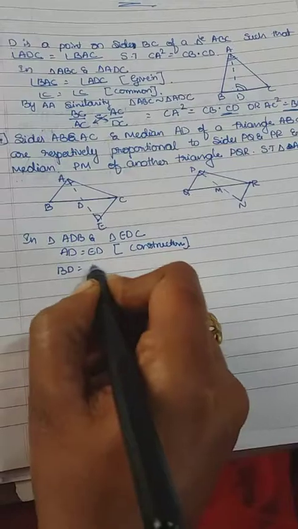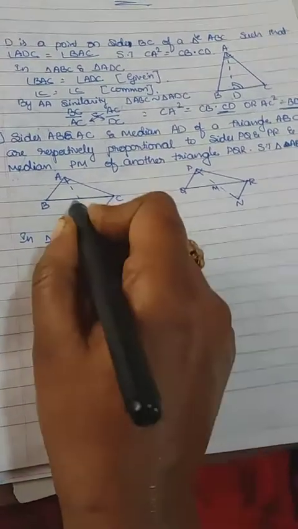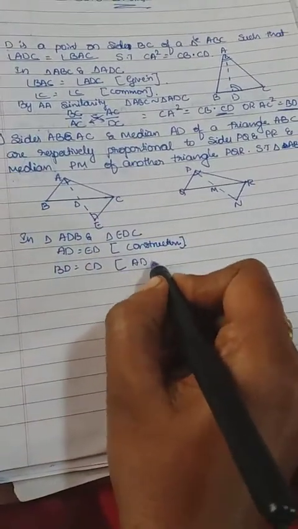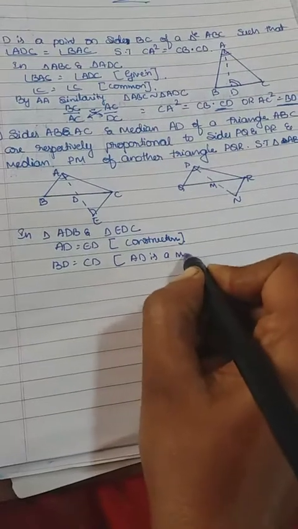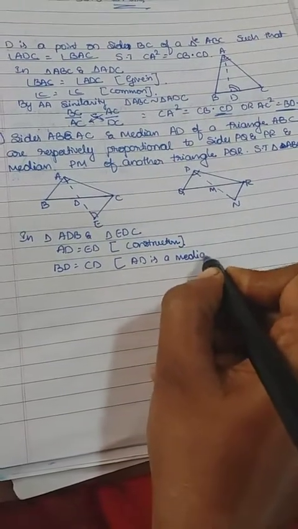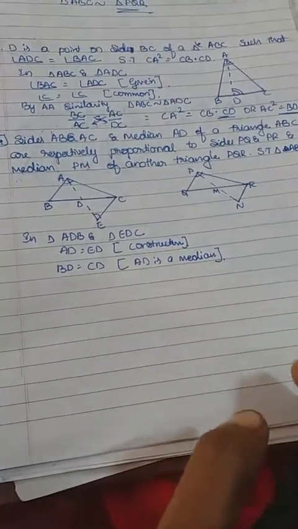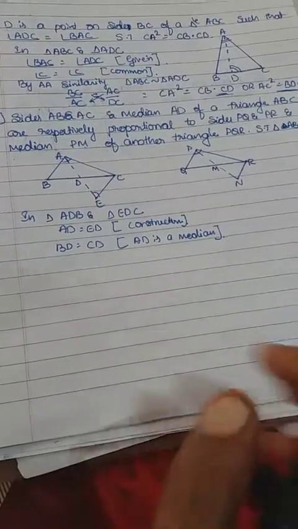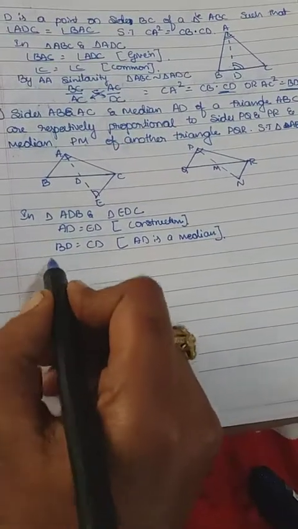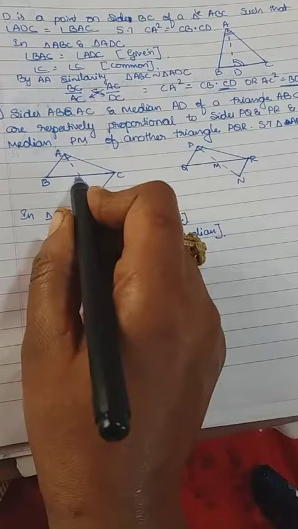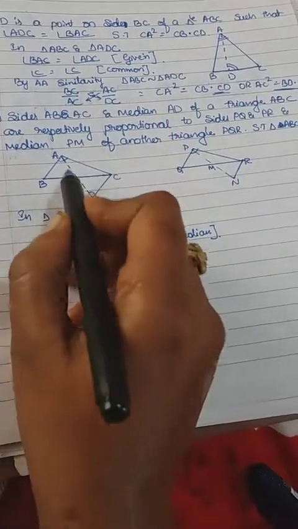BD equals CD. Why? Because AD is a median. Median, as I told you already, divides the side equally. And in triangles ADB and EDC, angle ADB equals angle CDE, because they are vertically opposite.